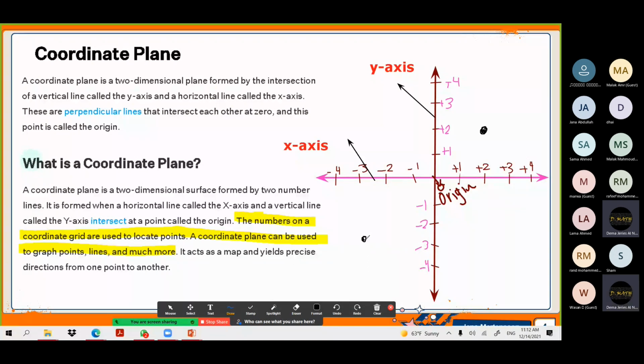And you can then connect between them to make a line. So the coordinate plane can help me to graph points, to graph lines, to make two-dimensional shapes, to make the maps that we use like Google Maps. It comes like points, the coordinates of them, and they tell you now what is the direction to reach this point. So this is the coordinate plane. Two lines that are intersecting. Is it clear?